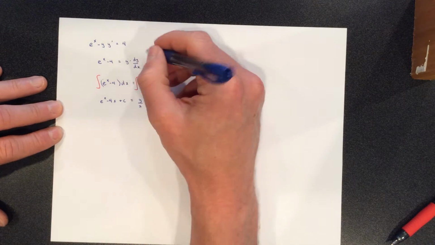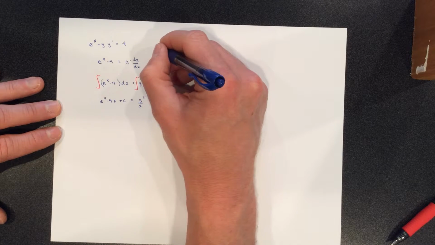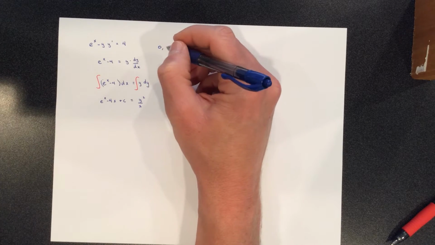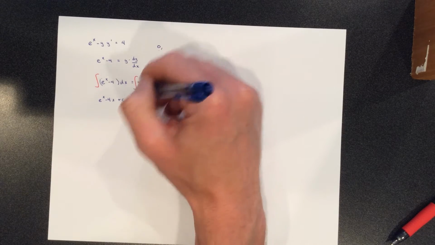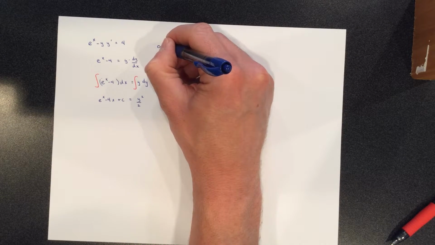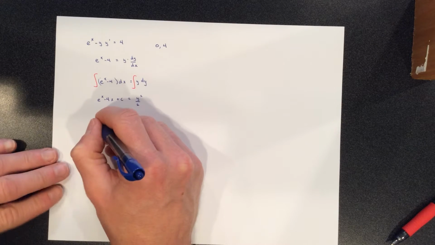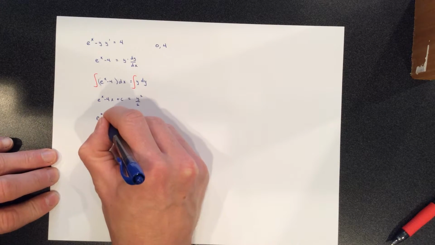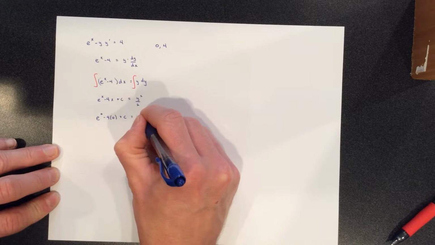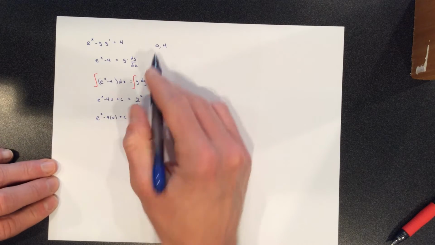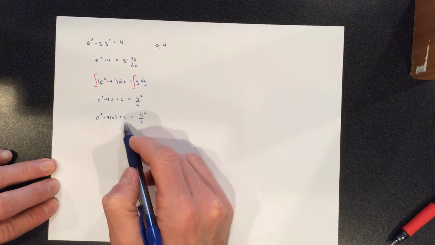And let's say when x is 0, I don't know, what do you want y to be? y to be like 3? No, let's make it an even number so it divides easily. How about 4? Okay, so this is e to 0 minus 4 times 0 plus c equals 4 squared over 2. And I'm just plugging in my initial value x and y to be able to find the c.